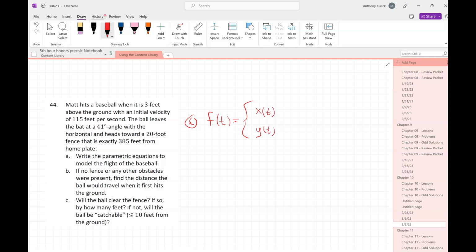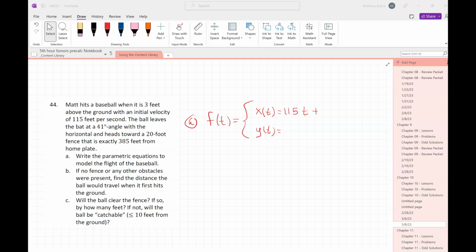So my function for x is the initial velocity times t plus, what was it again? I should have this memorized by now.